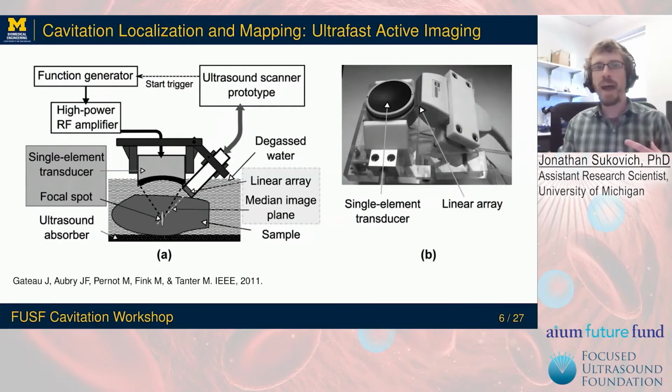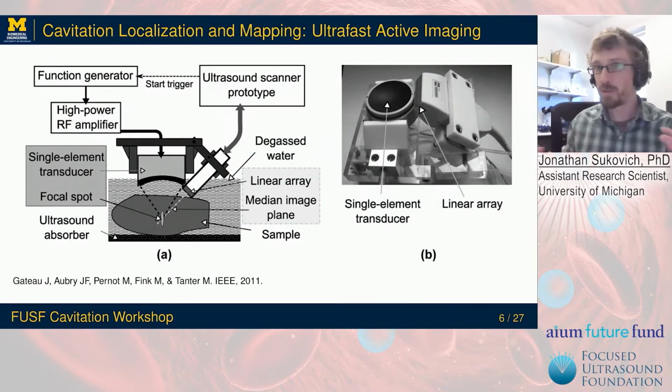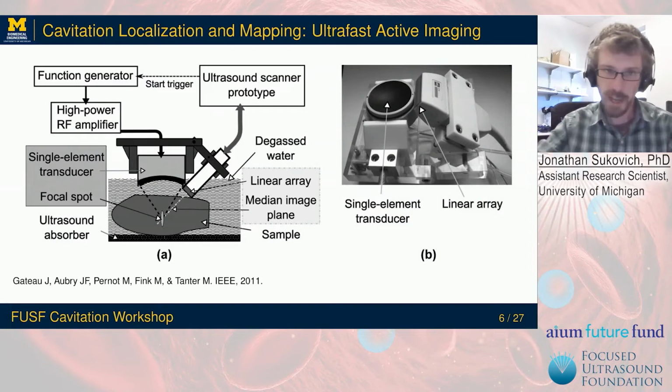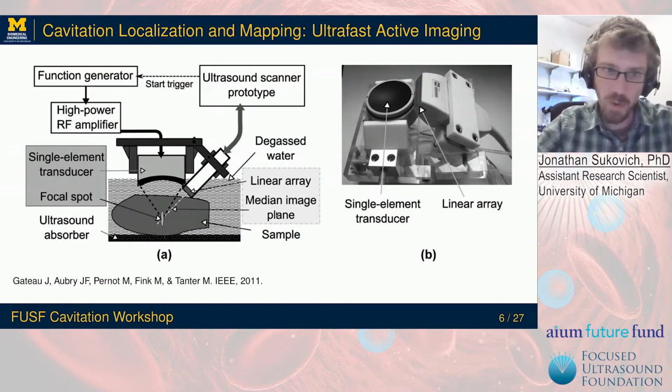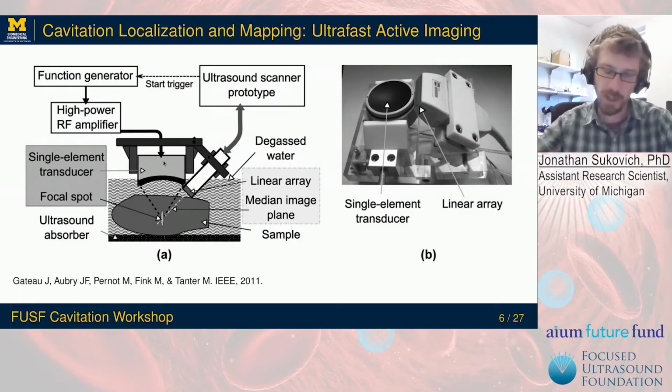Another option for active cavitation localization is just to do ultra-fast active imaging. If you're doing B-mode imaging, you're synced to the frame rate of your scanner. But if you want to capture the bubble immediately after it's nucleated, you can also synchronize the acquisition of your scanner with the firing of your histotripsy array, so synchronize the acquisition to the timing of the bubble generation.